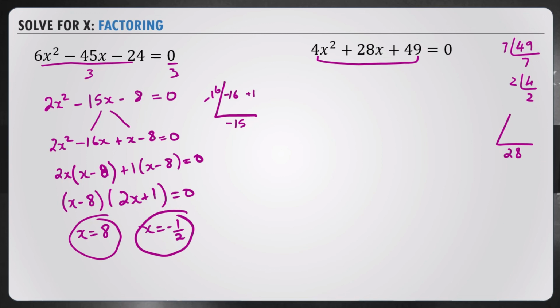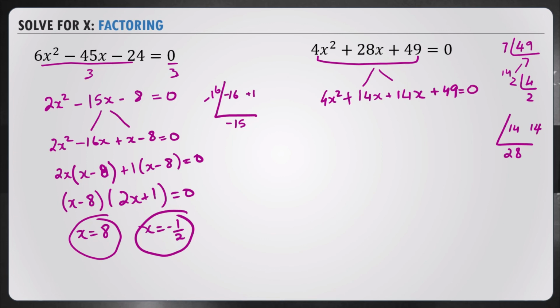All right, I can see 7 times 2 is 14 and 7 times 2 is 14. So the two numbers are 14 and 14. You can use this method or actually multiply and try to find your numbers. So 28 is split into 14x plus 14x plus 49 and 4x squared.